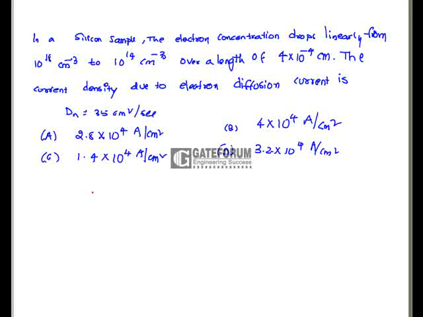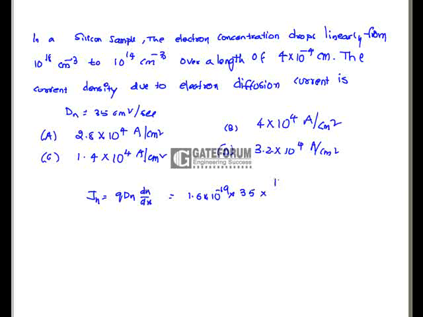So current density Jn is nothing but Q Dn dn by dx, which is Q is 1.6 into 10 power minus 19, into 35, into minus. The electron charge is negative, as well as dn is also negative here.